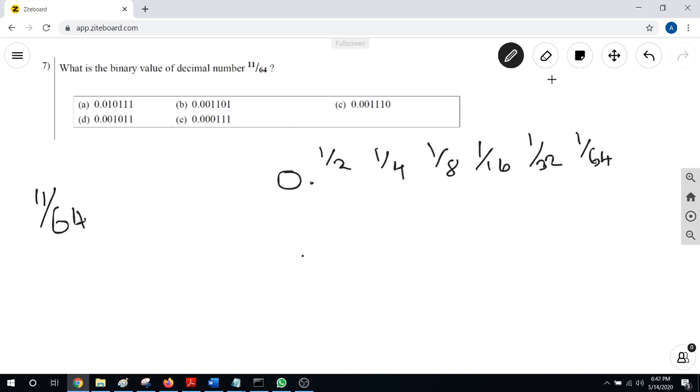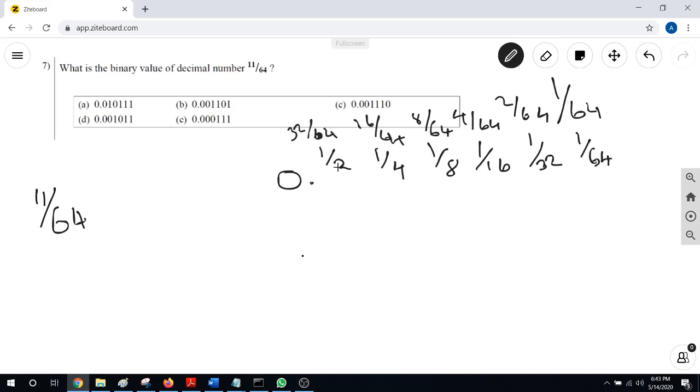This is already 1 divided by 64, this one will be 2 divided by 64, this one will be 4 divided by 64, 8 divided by 64, 16 divided by 64, and this one is going to be 32 divided by 64, right?